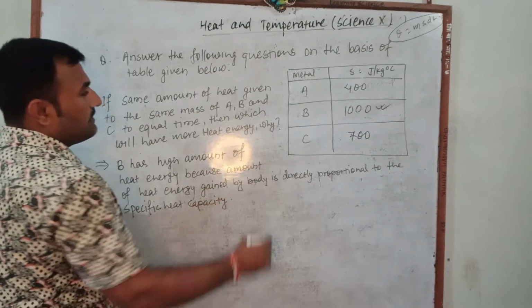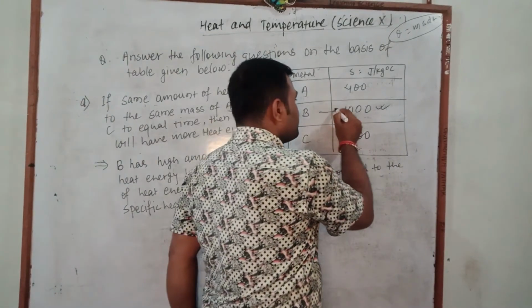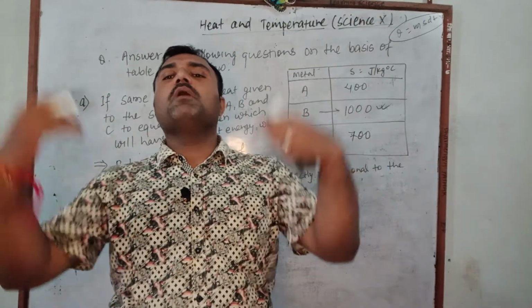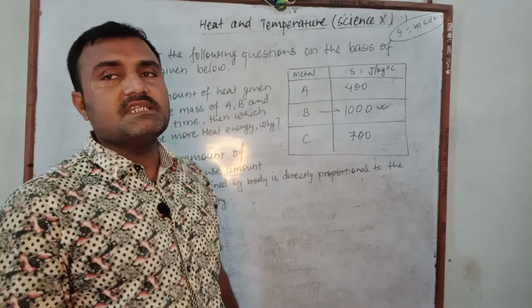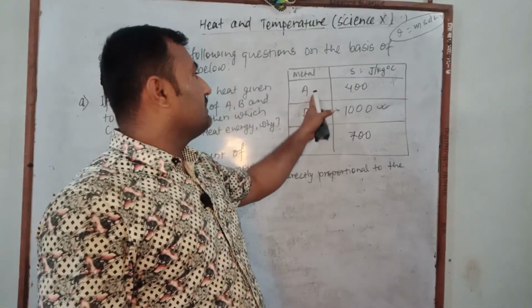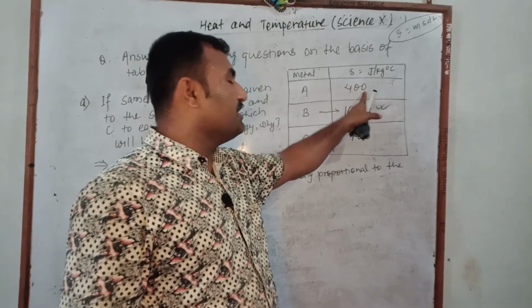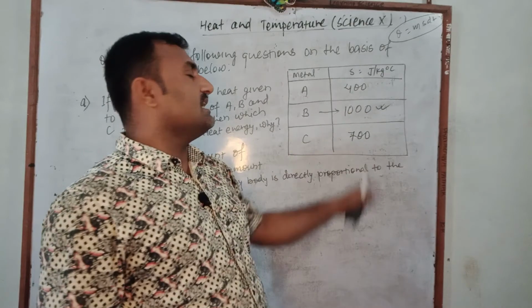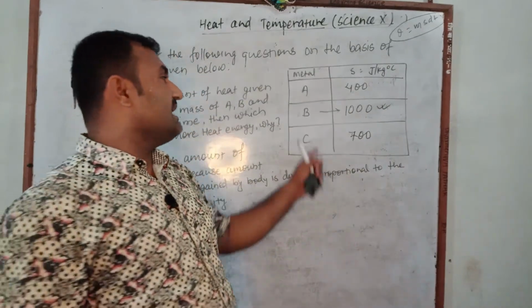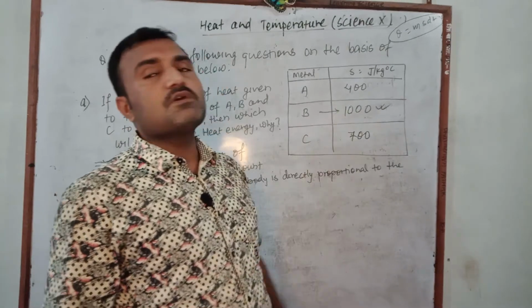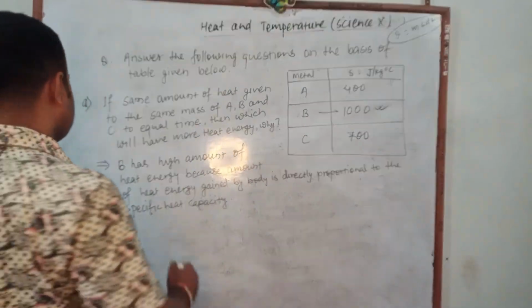That is, B has the highest specific heat capacity, therefore the maximum amount of heat is gained in equal time. A absorbs only 400 joule in 1 second, B absorbs that much, C that. And when equal heat is given, B having the highest specific heat capacity contains more heat energy.